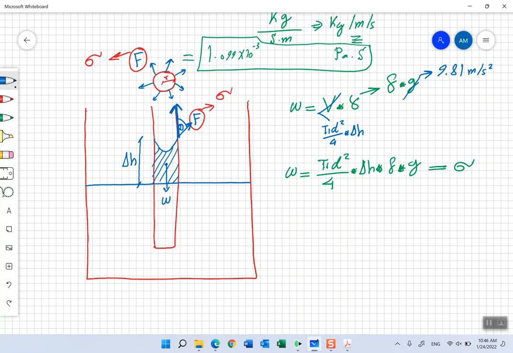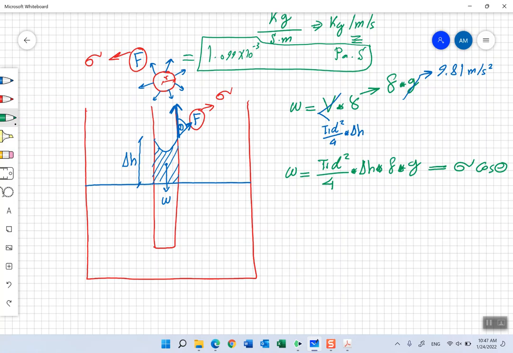And how can we get the component of F? It will be F, or sigma, cosine theta, where theta is the angle between the force and the straight line of the cylinder itself. We will see after a while that this cosine theta is approximately 1, so we will get rid of it, but this is the main concept here.